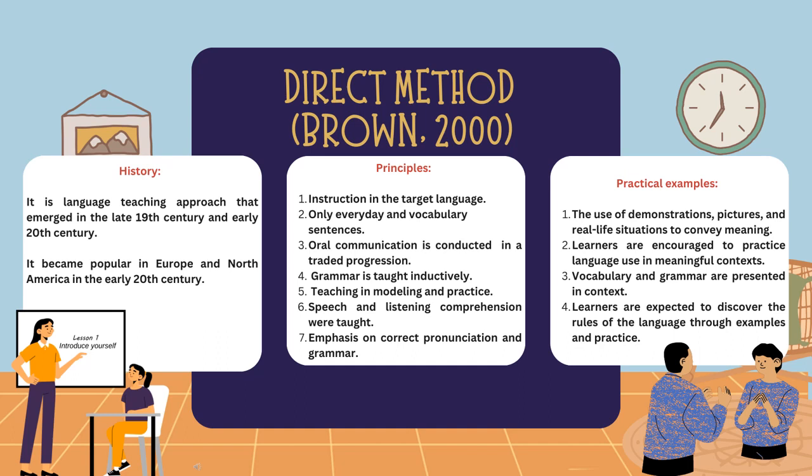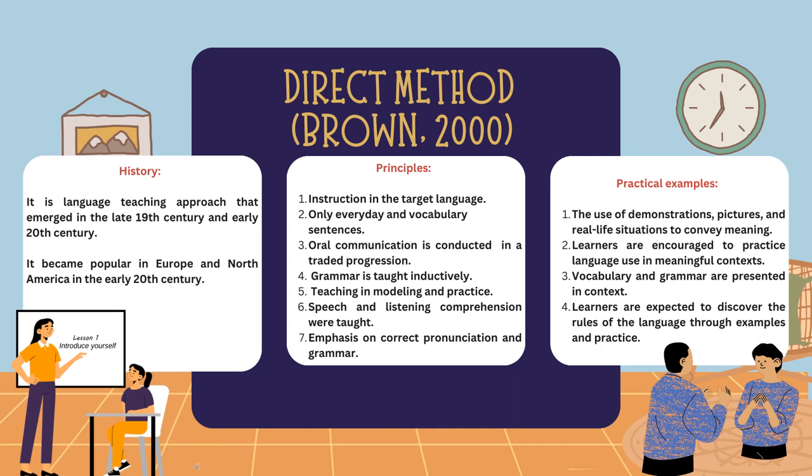Teaching is modeling and practice. The student follows the example given, the different oral texts expressed by the teacher. Speech and listening comprehension were taught, and also in this method there is a lot of emphasis on correct pronunciation and grammar.